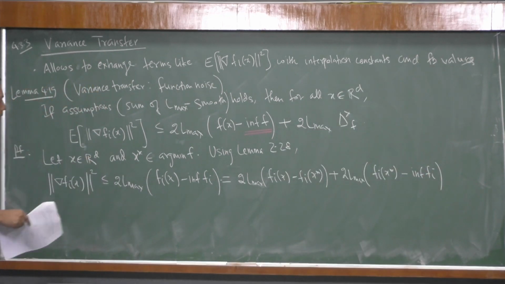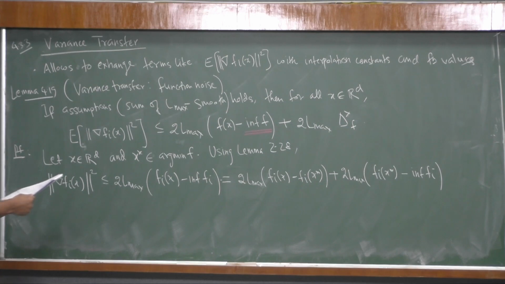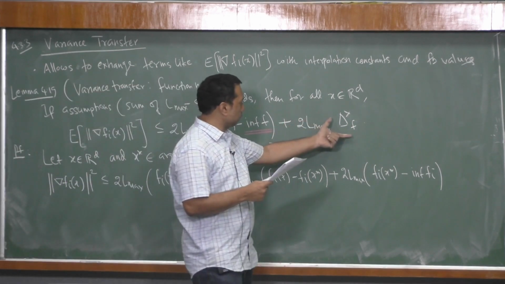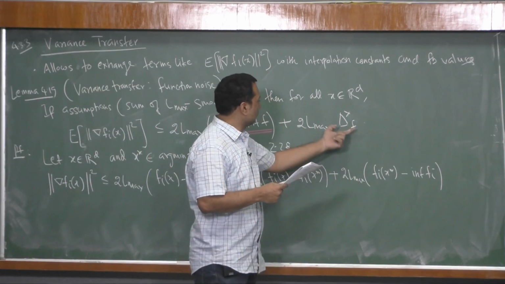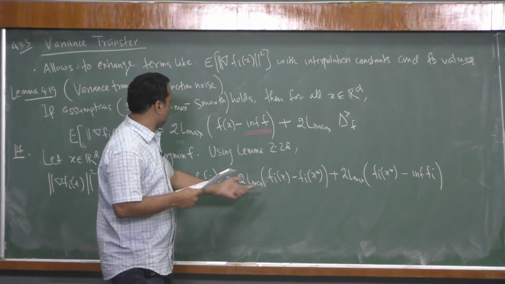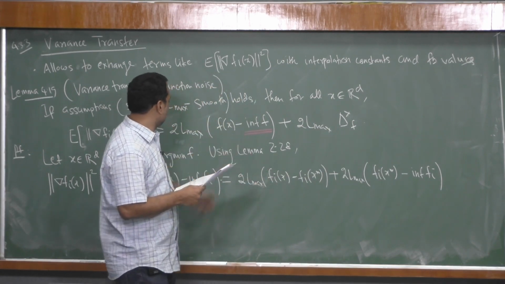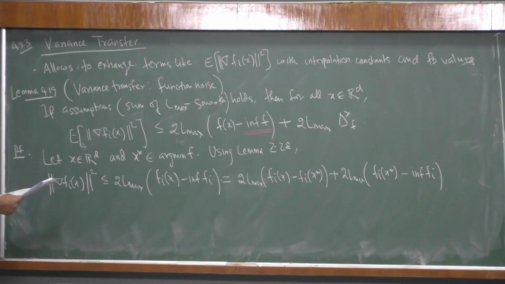So what I have done is that I have added and subtracted 2 L max f_i(x star). Looking at this, there is a delta star f. So it seems like this arrangement will produce this, and this will produce this if I take the expectation maybe. We have to see if we can get that.